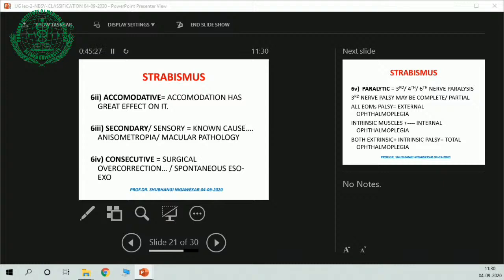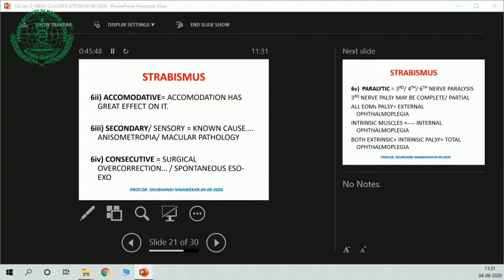So again leading to anisometropia, but it is not a refractive error, it is dissimilar vision in the two eyes, so we have to see even the fundus also. We have to examine the patient thoroughly. So this secondary strabismus is important. Tropia, again I am telling you, is the manifest squint.